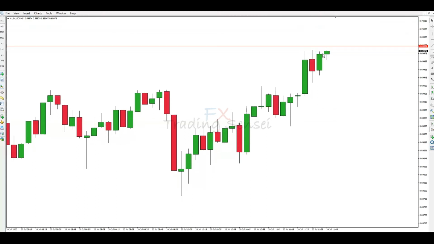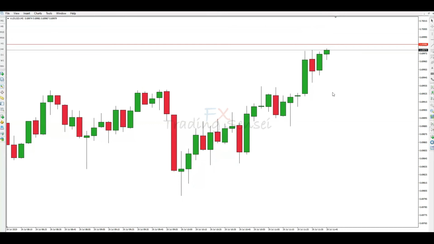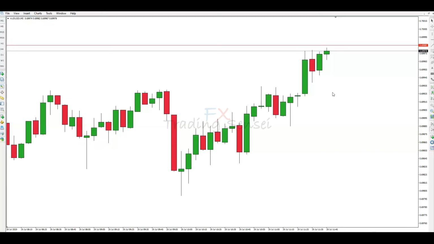So meaning the price may have closed here, but then the next candle may actually start here and you'll see a gap in price. And that can happen when the market is moving very quickly or if there's a problem with the data feed from your broker. So just keep that in mind that you may see instances like that where there is a gap in price.